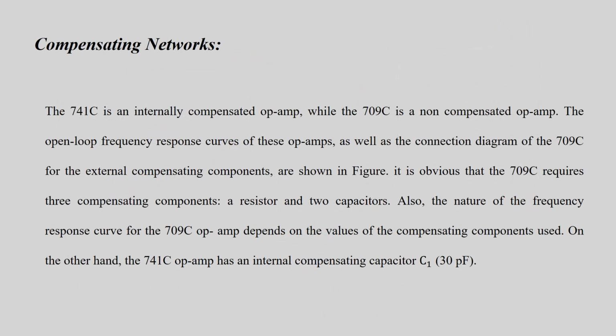So the 741 is internally compensated and the 709 is a non-compensated OpAmp. The open loop frequency response curves of these OpAmps as well as the connection diagram are shown in the figure above. The 709 requires three compensating components, a resistor and two capacitors. You can see the nature of frequency response for 709C depends on the value of compensating components used.